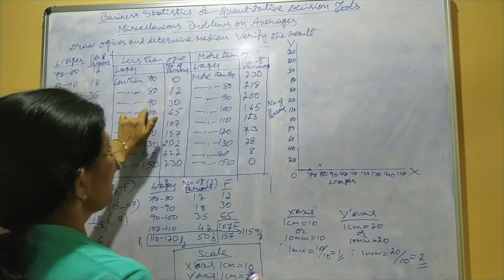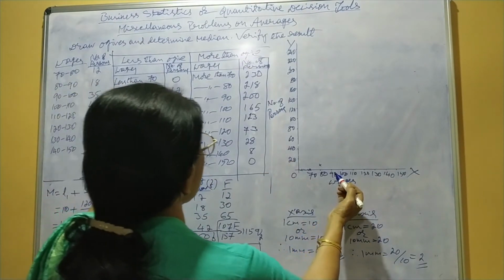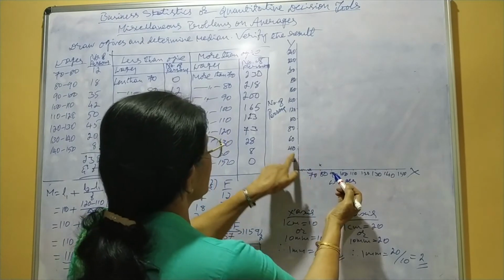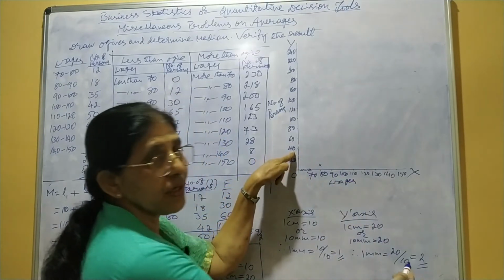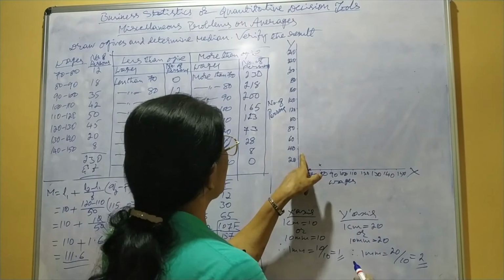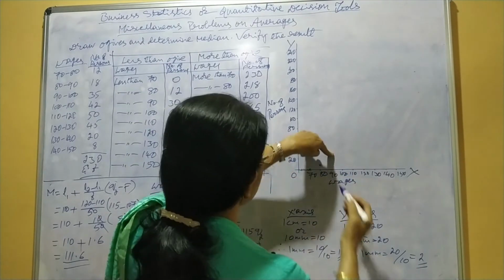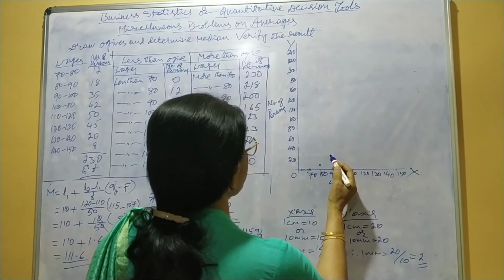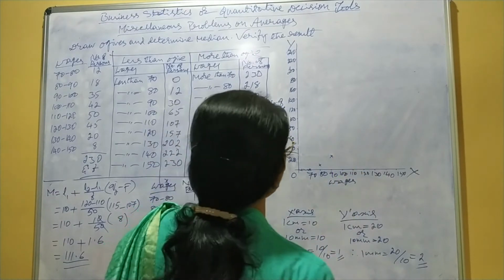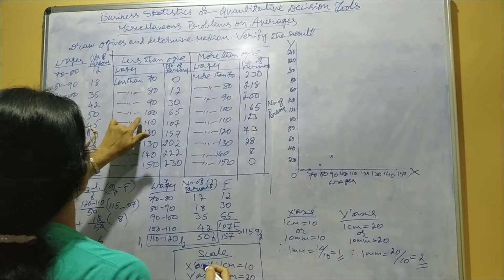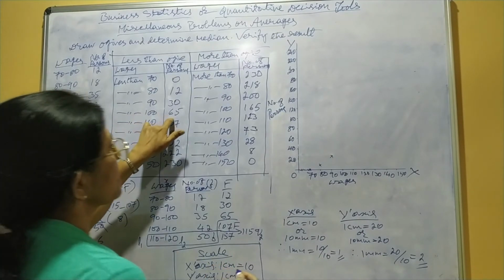Next, less than 90, 30. Here it is 40, here it is 20. Each millimeter counts 2. That means we have to take 5 millimeters, exactly half centimeter above 20. Less than 100, 65.